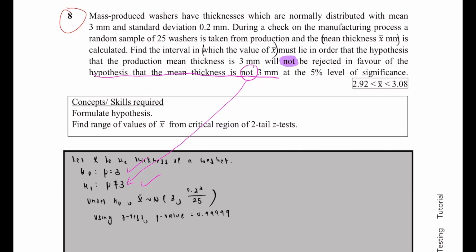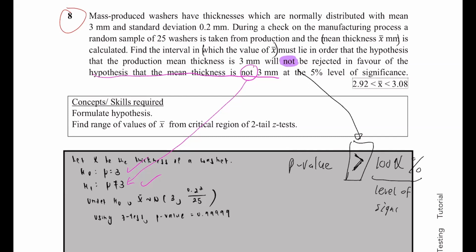In order to not reject it, you need your p-value versus your 100 alpha %. What's the relationship? The inequality. To not reject, what do you need? It's more than the level of significance. Yeah, level of significance.